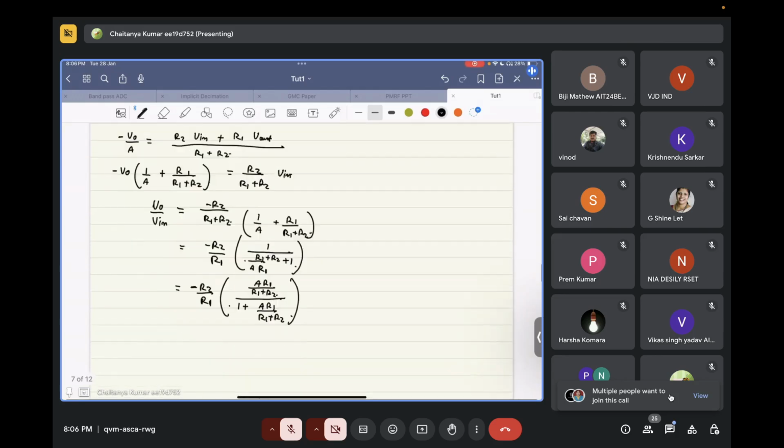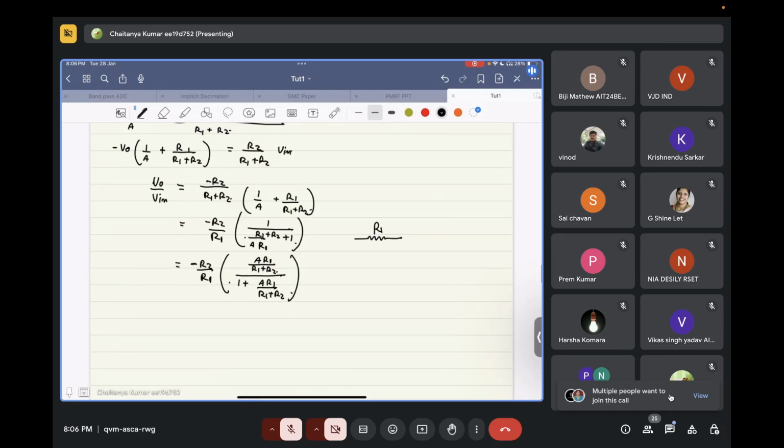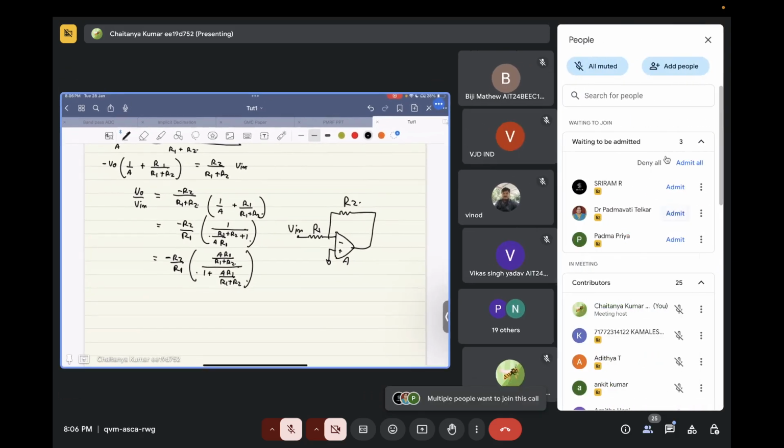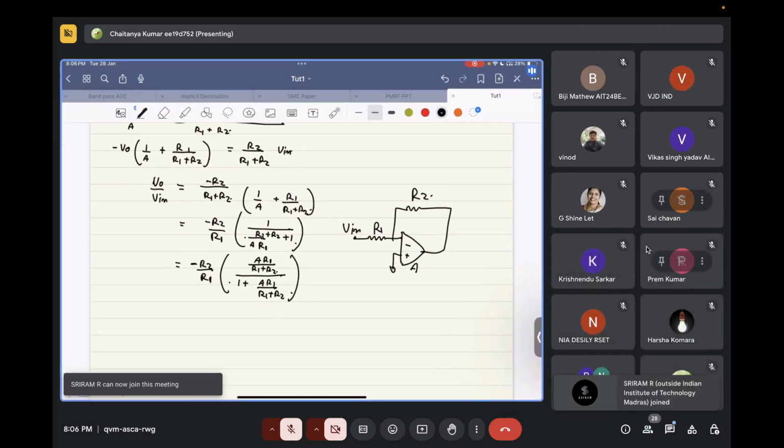So I'll quickly draw the circuit over here. I have R1 over here, I have A over here, R2 over here, and this is my input. So this is the standard form to write the non-ideal gain of the op-amp.